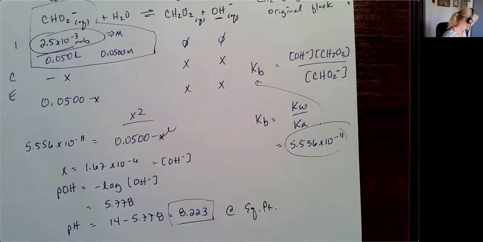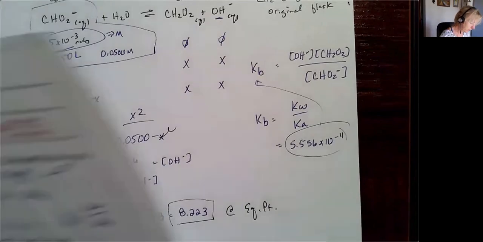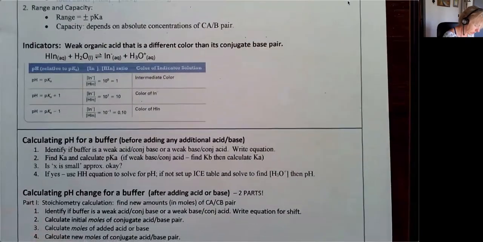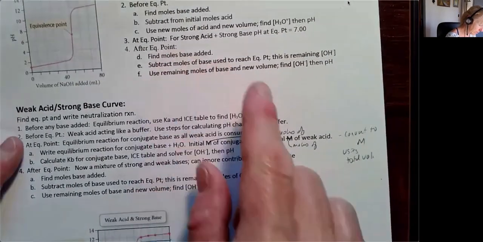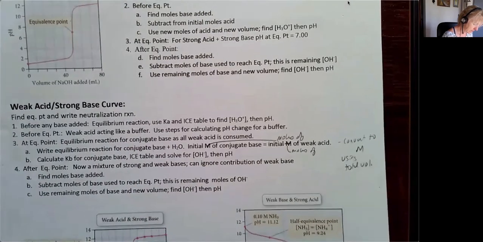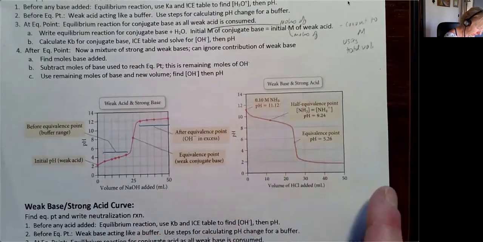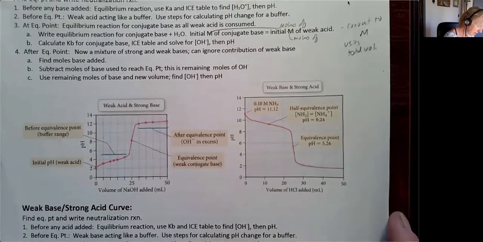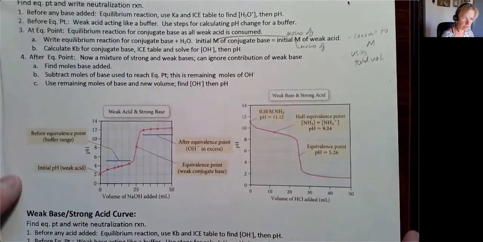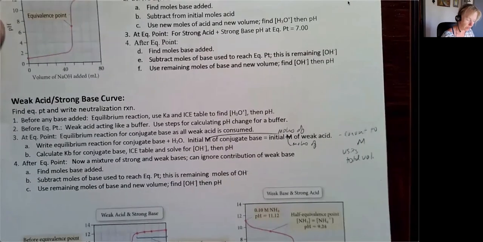The way that you're going to set these up, and I've tried to help you here in this equation quick sheet, is on the second page. Here are all the various titrations: strong acid, strong base; weak acid, strong base; weak base, strong acid; and weak acid, weak base. Here are the various steps that you would do depending upon your scenario.